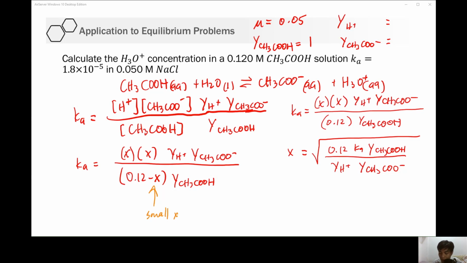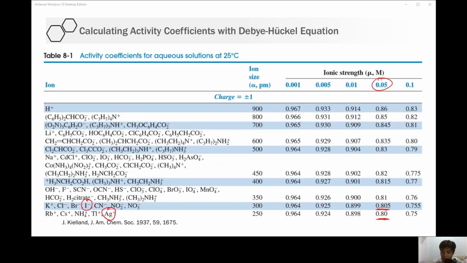So let's look at the table and solve for gamma. We're still going to use the same column, so this is 0.05 molar, that's our ionic strength. For H plus or H3O plus, that's 0.86. And for acetate ion, please look carefully here.